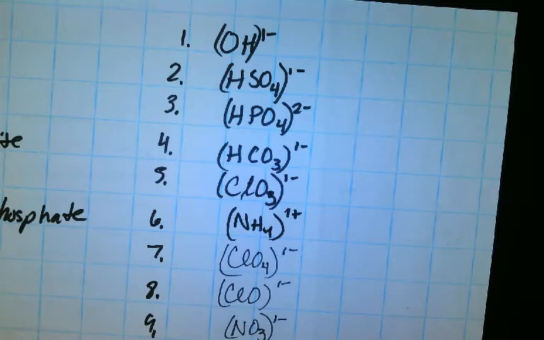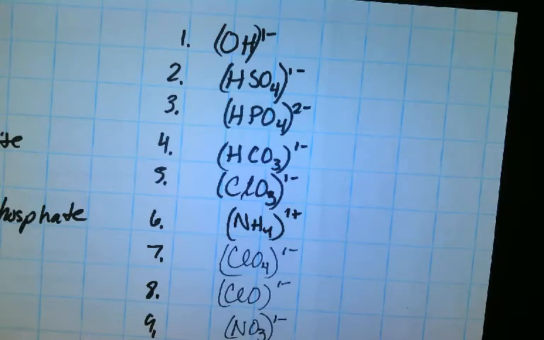Put the parentheses and put the charge as a superscript on the outside. The second thing is, when you write a formula, it shouldn't have charges. And the third thing is, when you write a formula, it should not have Roman numerals. We haven't gotten to the formula part yet. That's phase 3. We're on phase 2 right now.